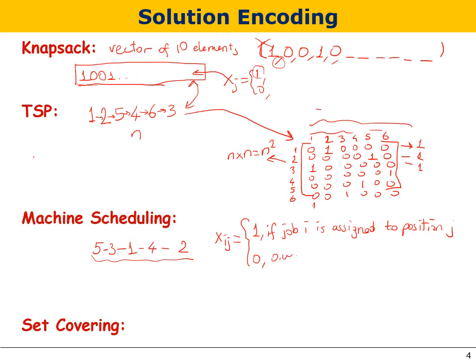Since we have 5 jobs, we have 5 positions. So if you want to represent the solution, you need to represent it as a 5 by 5 matrix with zeros and ones. The same arguments, the same advantages and disadvantages that we have for the TSP, are valid for machine scheduling as well.